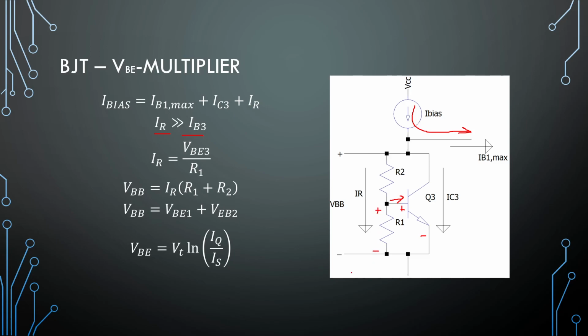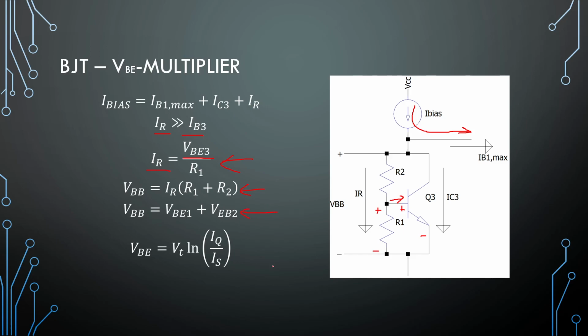Okay, so that is our regulator component right there, is the current that we choose and the VBE voltage of this transistor over R1. Right. Now VBB would then be the current flowing through these resistors times the two resistors themselves. Okay, so these two are our design equations.